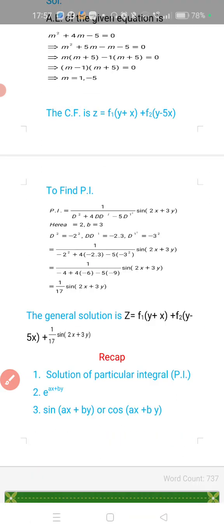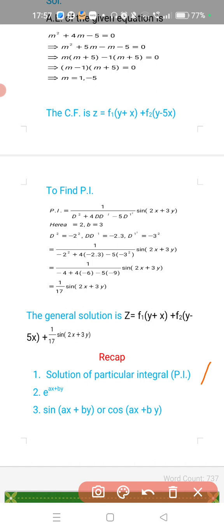Now we shall have a quick recap of the things we discussed in this video. We have discussed what is meant by a particular integral, how to solve for it, and when we take the case of particular integral. Whenever capital F of x y is present, we have to go for the solution of a particular integral.